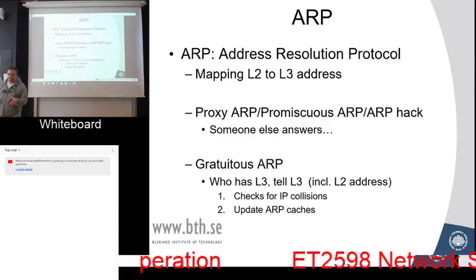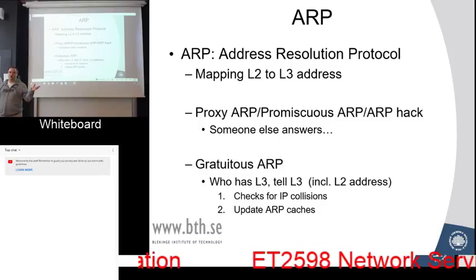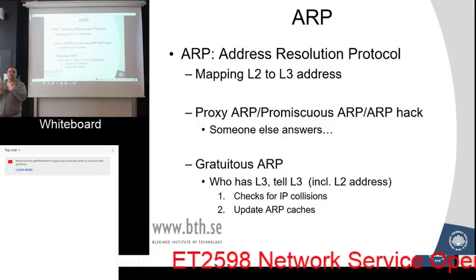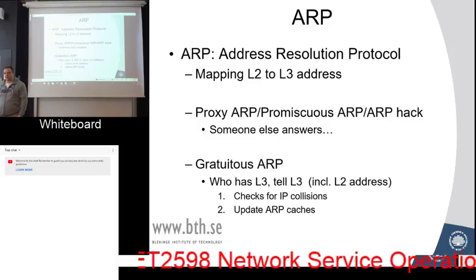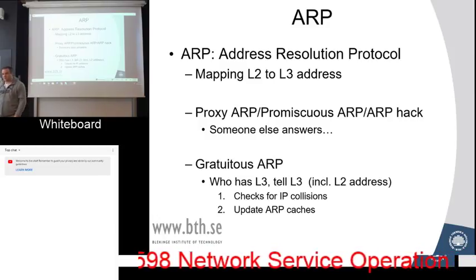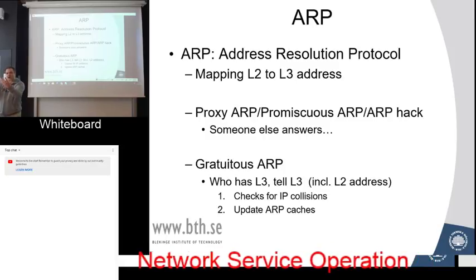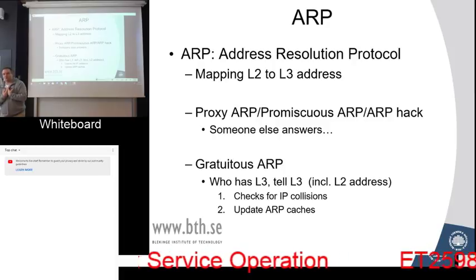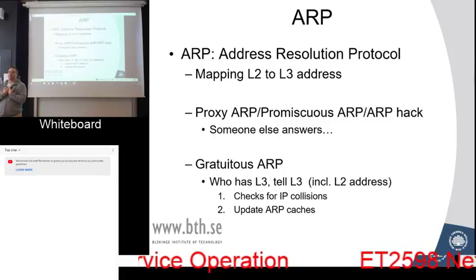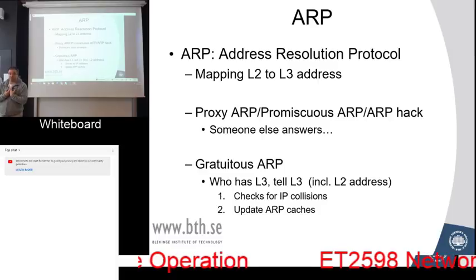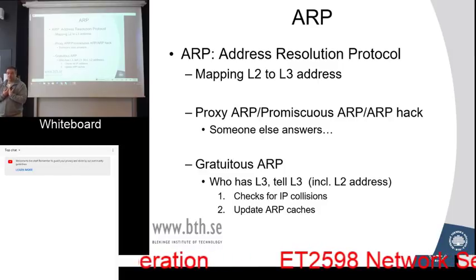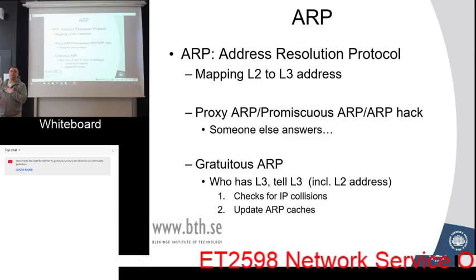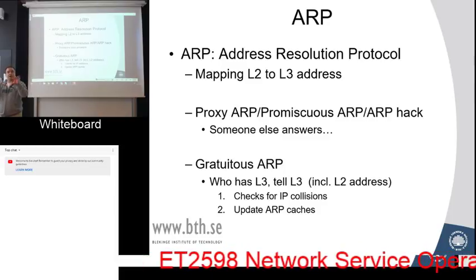If I say, where's Khan? And Khan answers, I get his address, I can send a message. But now if you also say, I'm Khan, I get 2 replies to my request. And now, the way that ARP has been implemented, I'm going to be a little bit confused. Or actually, I'm not really confused, because whenever I get a reply, I insert that information, IP, MAC number.